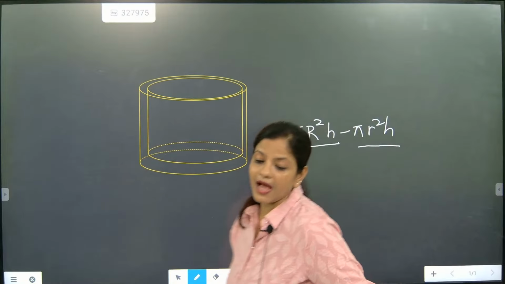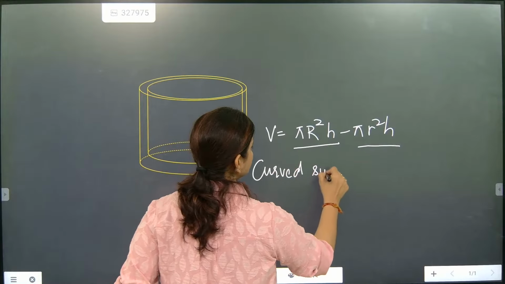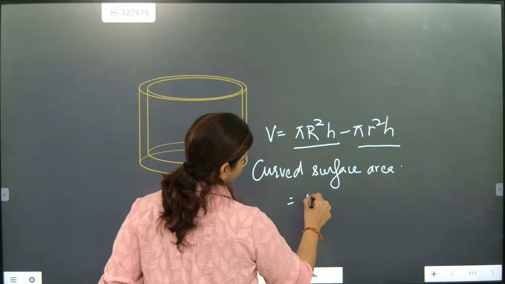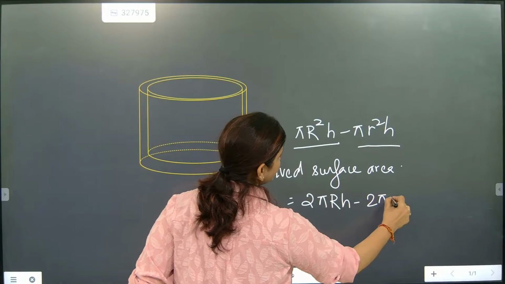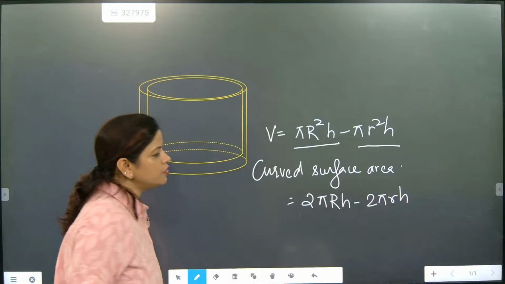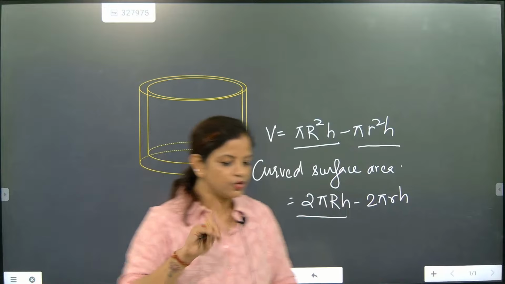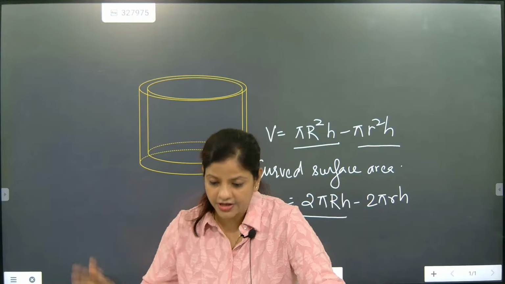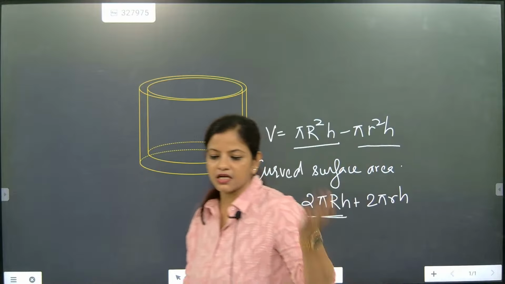If somebody asks you about curved surface area, how are you going to say it? The curved surface area is 2 pi R h plus 2 pi r h. See, look here, 2 pi r h, because you need to go for the inner part too. So if you are painting the inner region, that is the outer part plus inner part, that is the curved surface area.